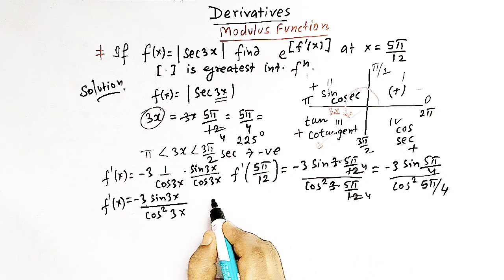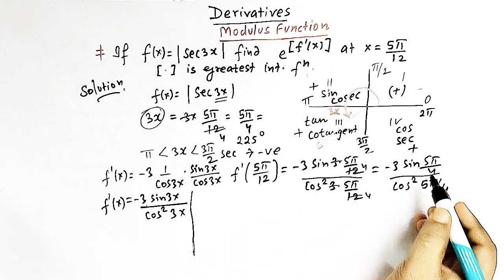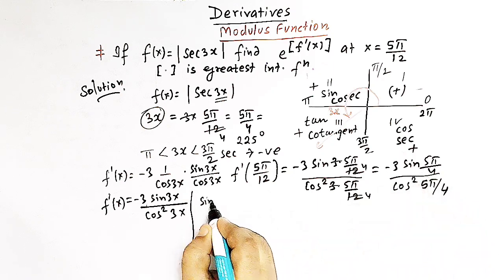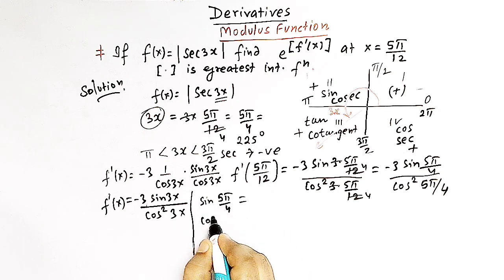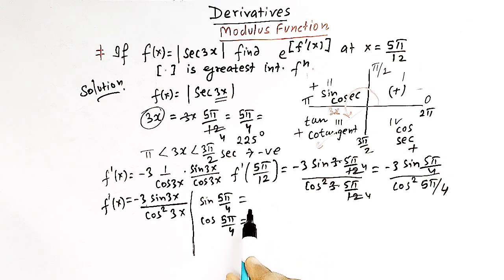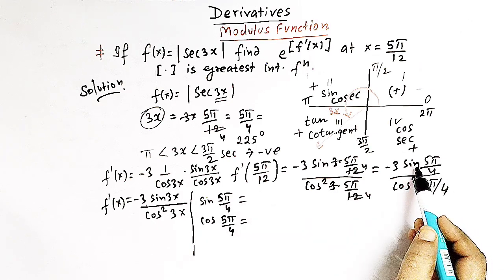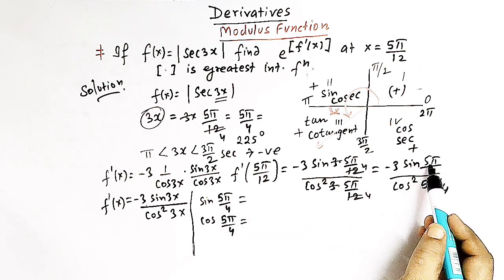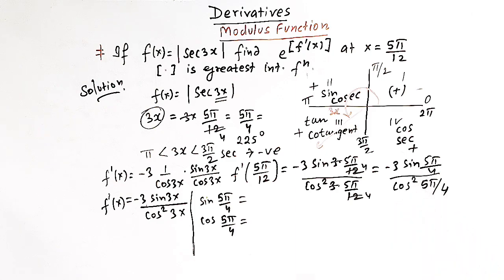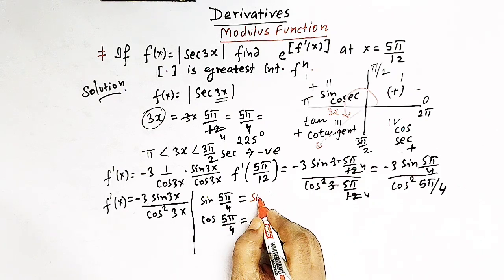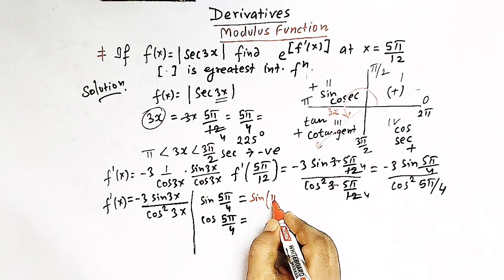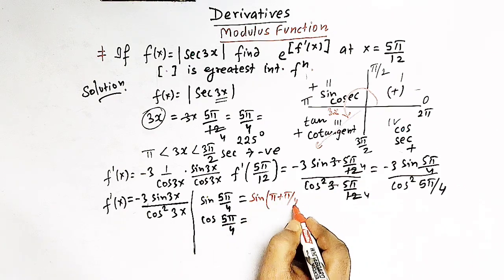So now we have to find the value of sine 5 pi by 4 and cosine 5 pi by 4. So let us use some trigonometry to get the values of sine 5 pi by 4 and cos 5 pi by 4. So sine 5 pi by 4 is given by sine pi plus pi by 4.